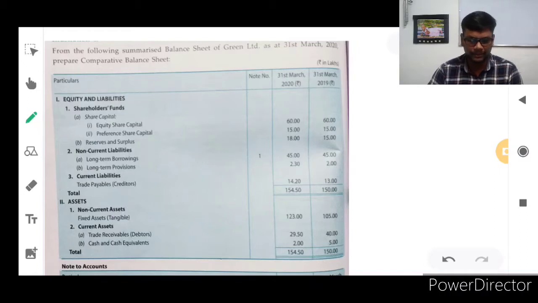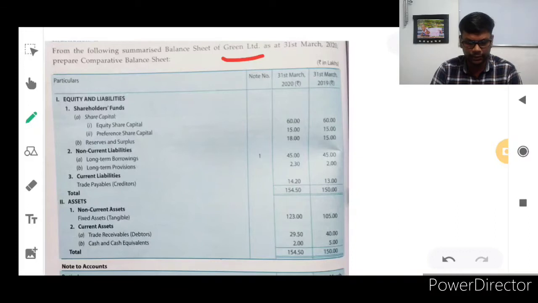Let's discuss the problem. From the following summarized balance sheet of Green Limited, as at 31st March 2020, prepare comparative balance sheets. So they are asking us to prepare a comparative balance sheet for Green Limited, and two years of balance sheet information are available.